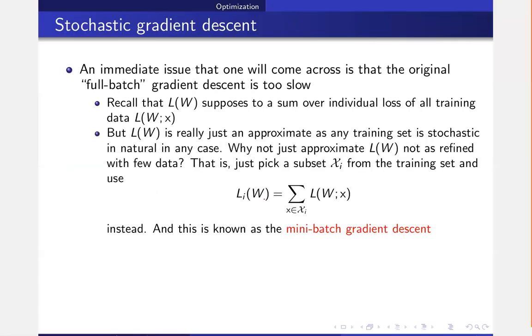Maybe a remark on gradient descent for the moment. There is so-called stochastic gradient descent. What I mean is that you have lots of training data.